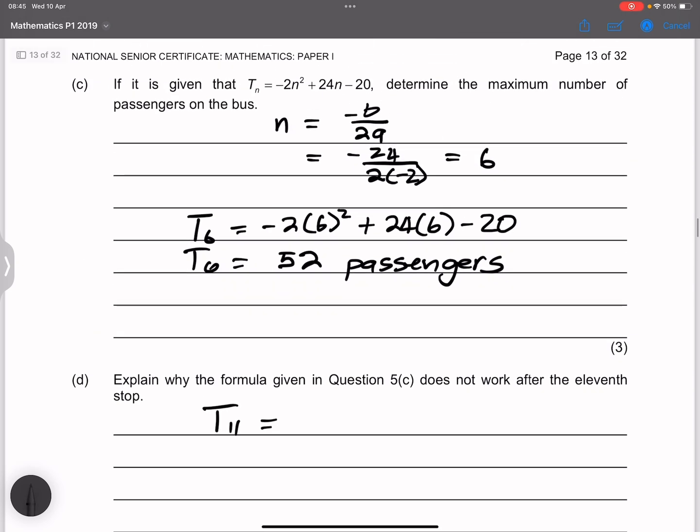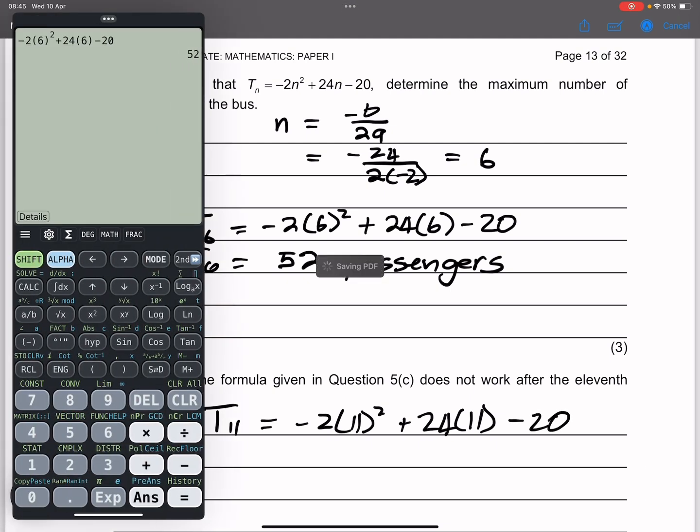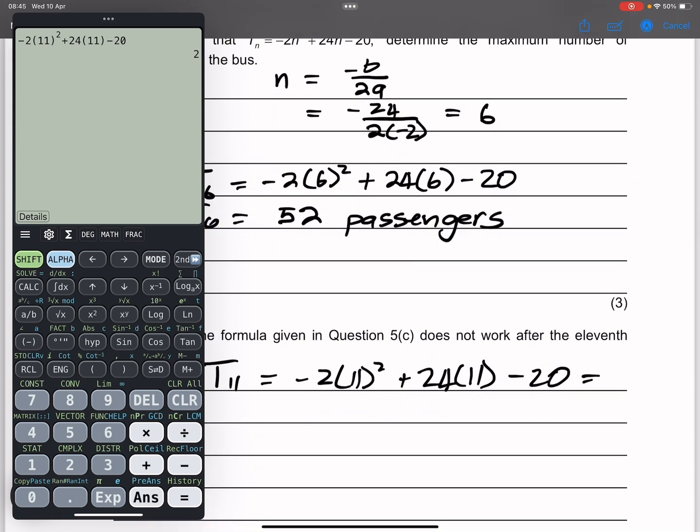T11, that's minus 2 times 11 squared plus 24 times 11 minus 20. Okay, let's do that quickly. So I'm just going to substitute 11 there on my equation. Right, so at t equals 11, I end up with 2 passengers.